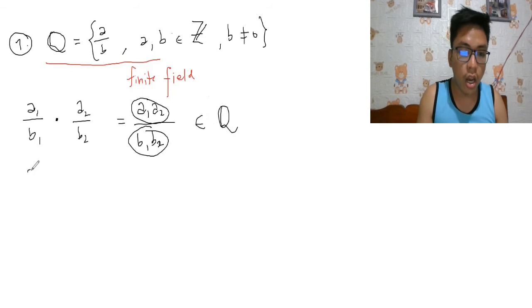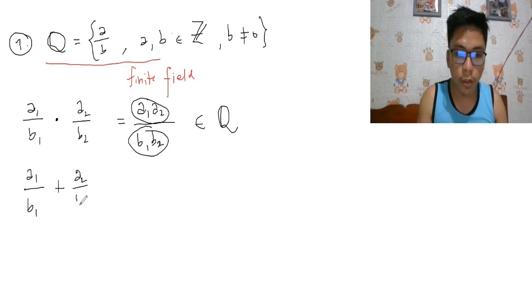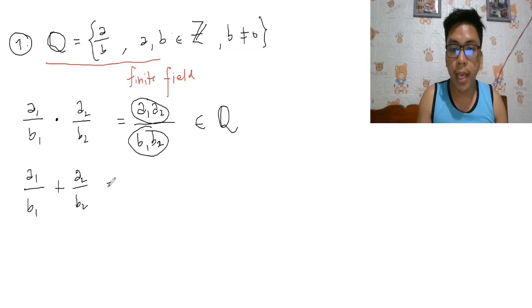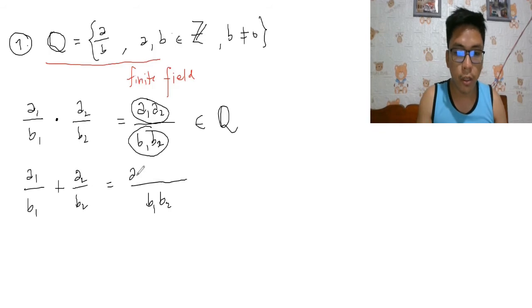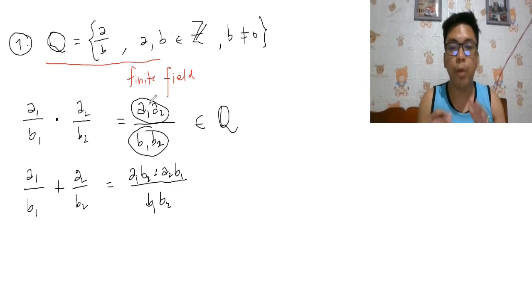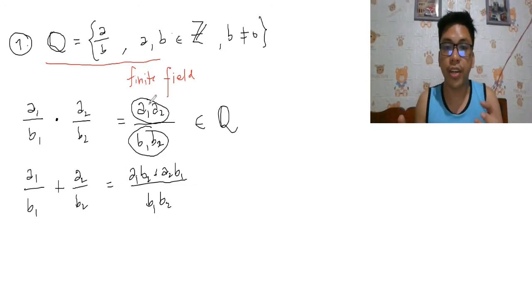Now in a similar fashion, if these two numbers a1 over b1 and a2 over b2 are added, you'll get this sum here. Observe that the set of integers is also closed under addition.